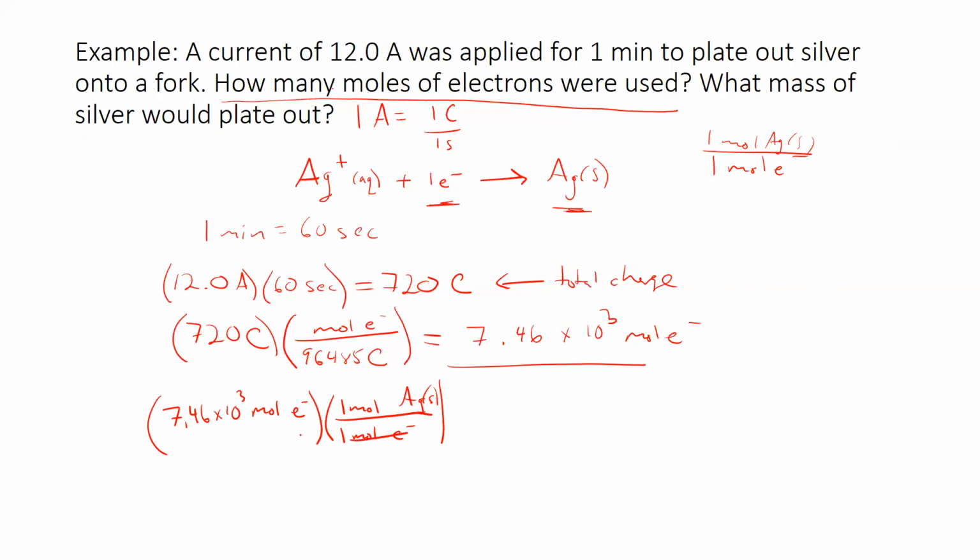And so our units get into moles of silver, and then you can just multiply by the molar mass, 107.9 grams of silver per mole of silver. And you wind up with, in this case, 0.805 grams of silver metal.